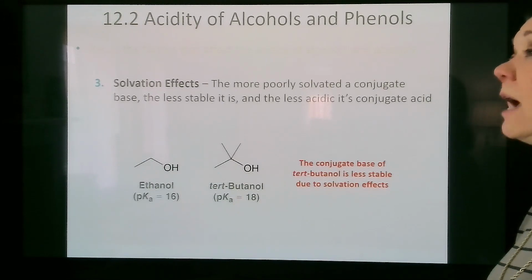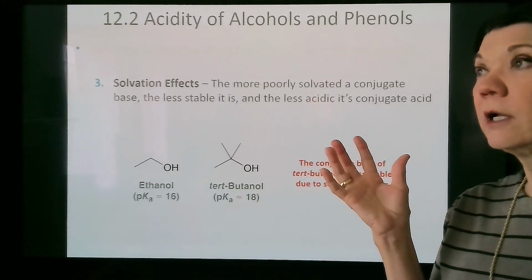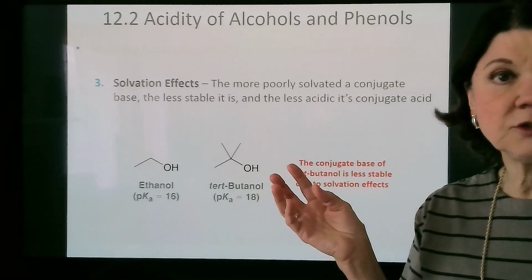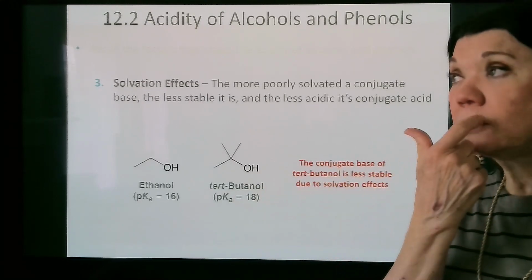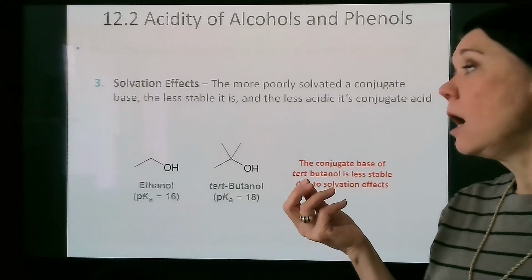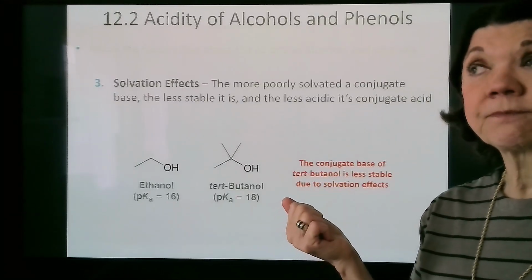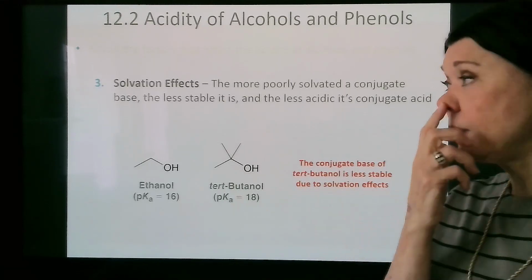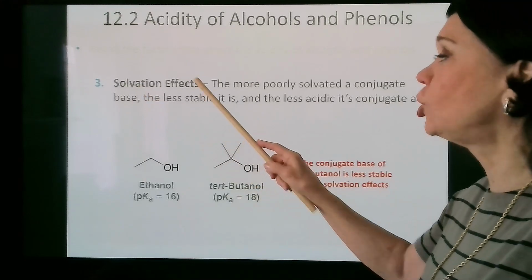Solvation effects. Now remember, back when we were considering the nucleophilicity and the stabilities of the anions, I told you at that time to consider the REO effects, and also you had to consider polarizability, steric effects, and solvent effects. Now here, you're saying solvation effects.